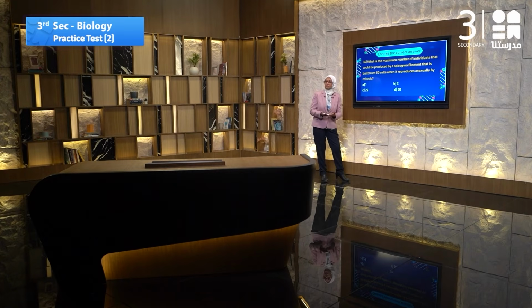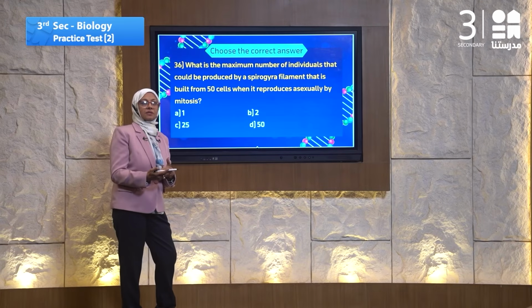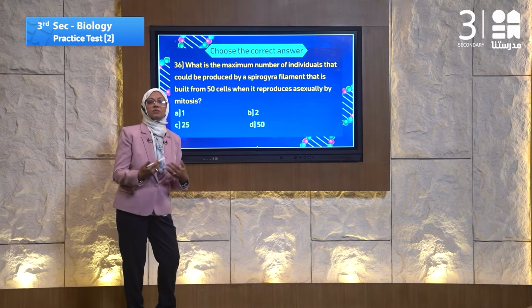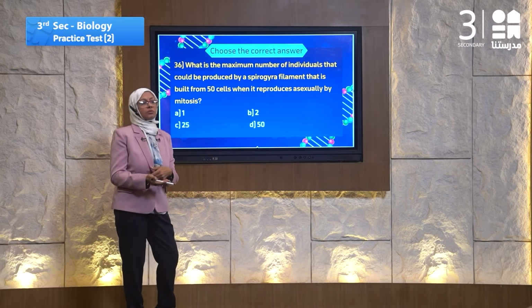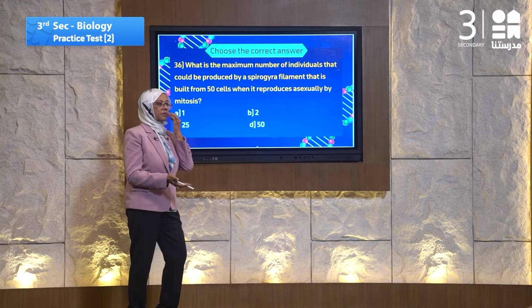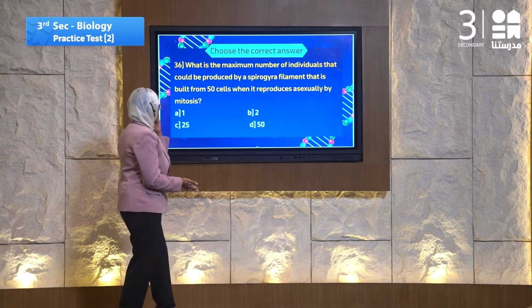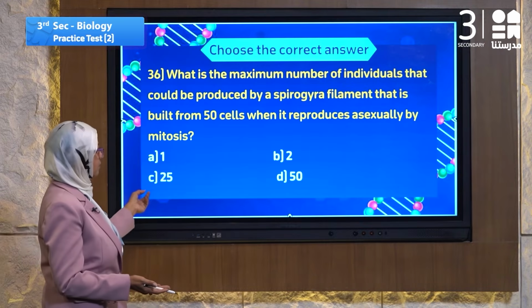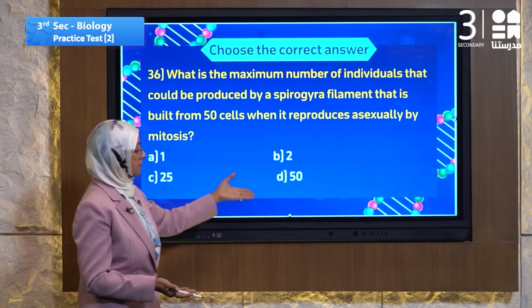In mitosis, each cell produces another cell. So it will be 100 or more. So will we find 100 as a number? 1, no. 2, no. 25, no. 50.